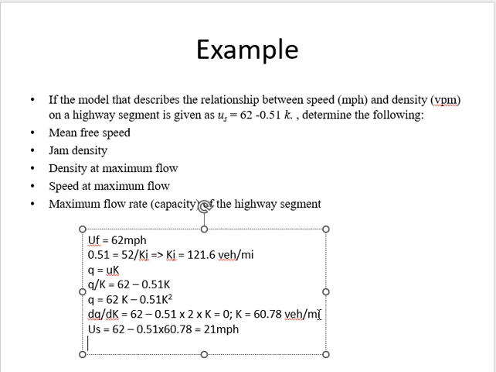In both cases, you will get the same answer. Okay, so how much was Q in this case? Maximum Q. So we have 31 multiplied by 60.78, and you are saying it's 188. Clear? Any questions?